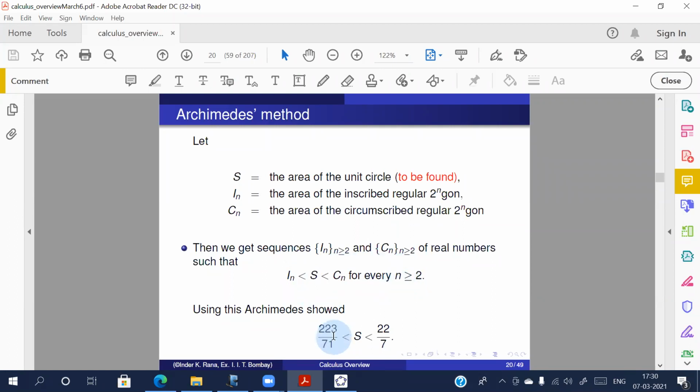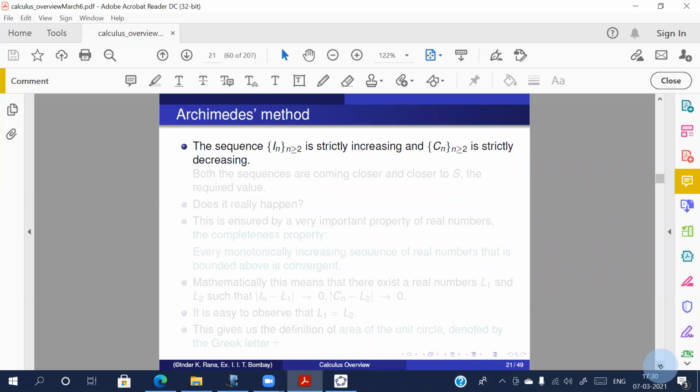The area of the inside one at the third or fourth stage is, I think, 223/71, whereas the outside one is 22/7. So the area of the circle lies between these two. And because of that, all our school books take the area of the unit circle to be 22/7. It is not equal to, it is approximately equal to 22/7, because it is bigger than S.